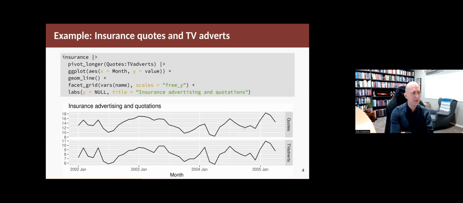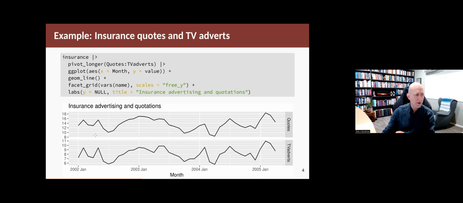Let's look at an example using advertising and insurance quotes. This data set comes from a US company where they were putting money into television advertising, and they were hoping that that would turn into people calling up to ask for a quote on insurance. So they were interested in the effect on quotes of their ad expenditure.